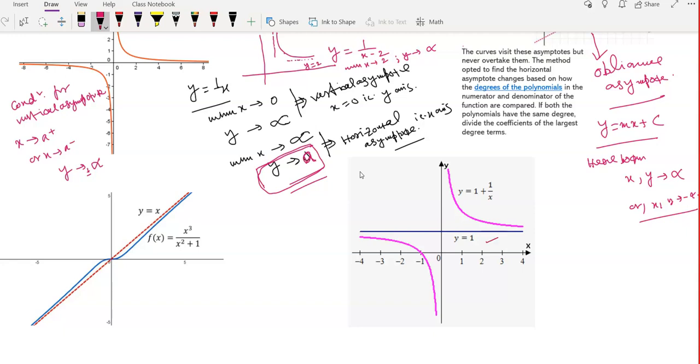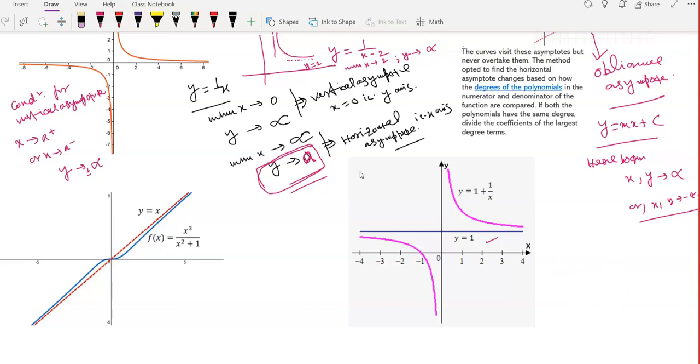Is there any vertical asymptote? Check once. 1 by x is y minus 1, so x is 1 by y minus 1.